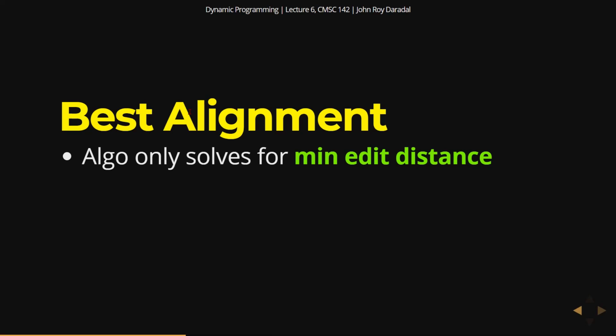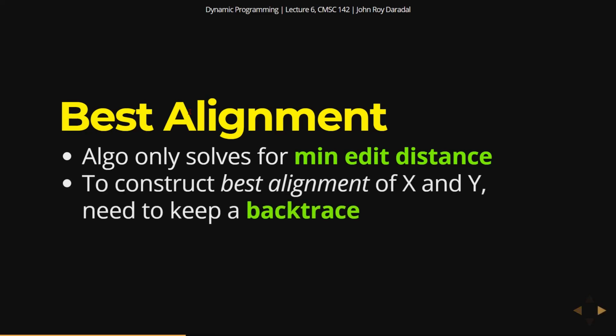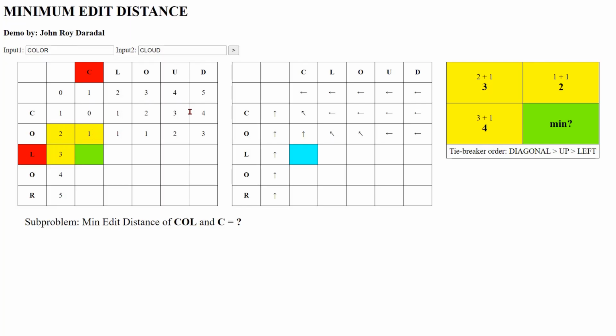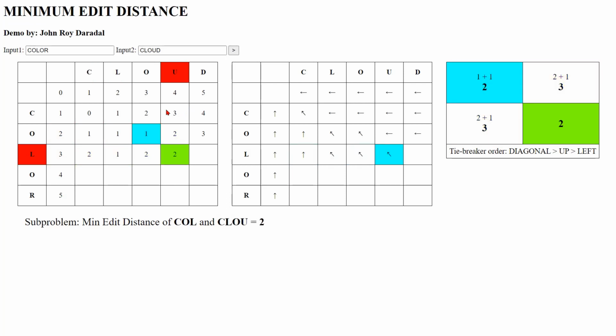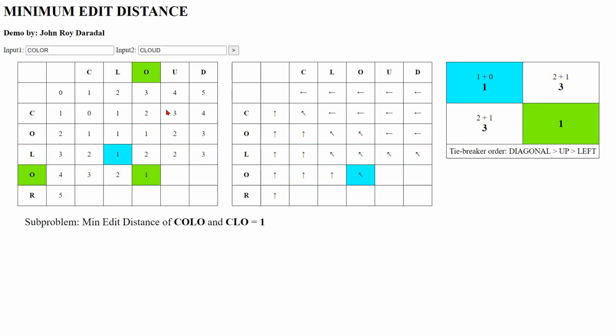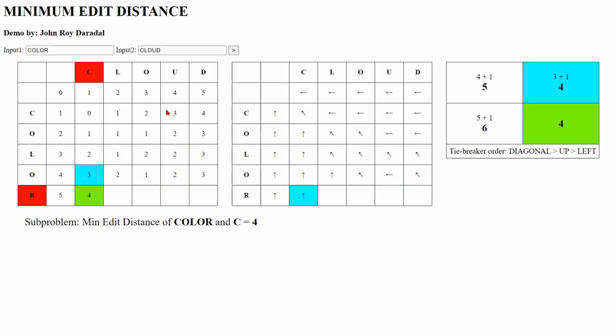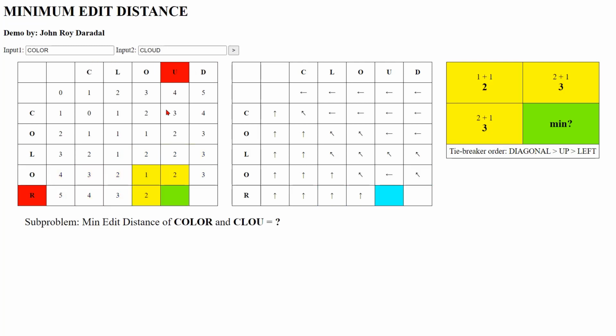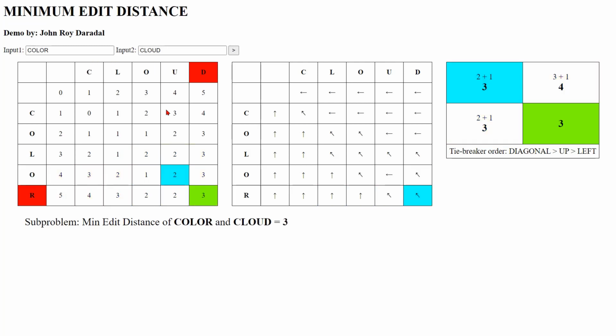Now, the algorithm that we discussed so far only solves for the minimum edit distance, so meaning the minimum cost. But what if we want to find the best alignment? Like how do we align color and cloud? If we finish this one, we'll find out that the minimum edit distance of this would be 3.